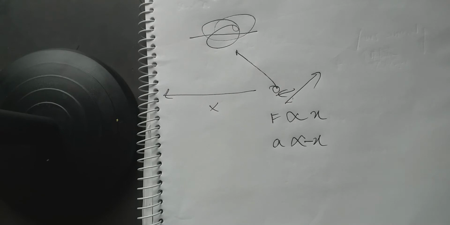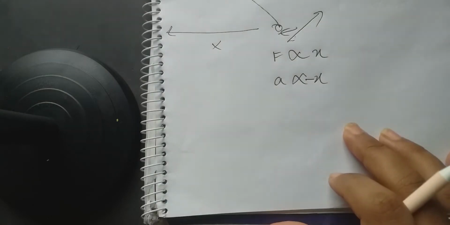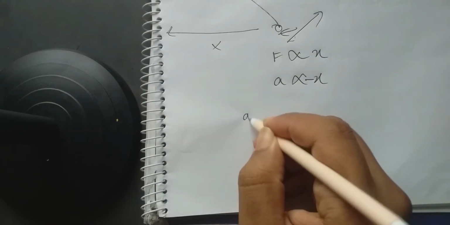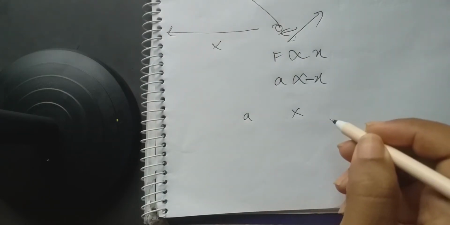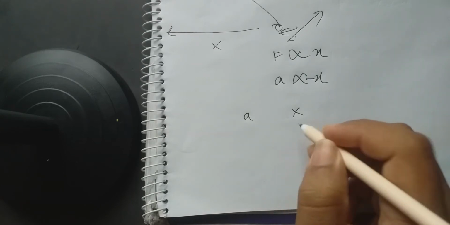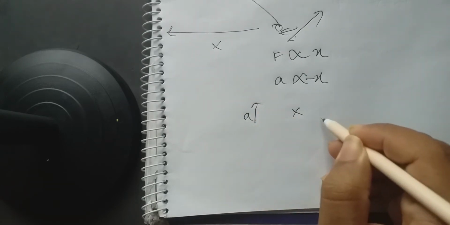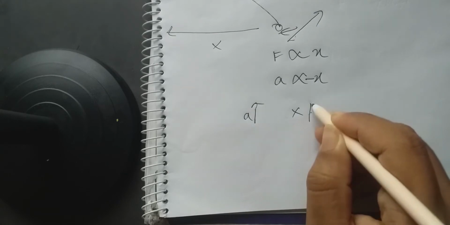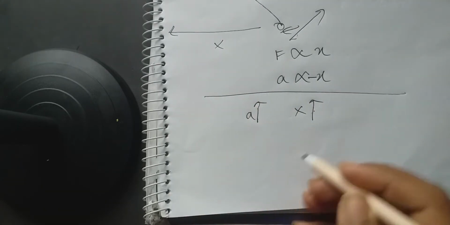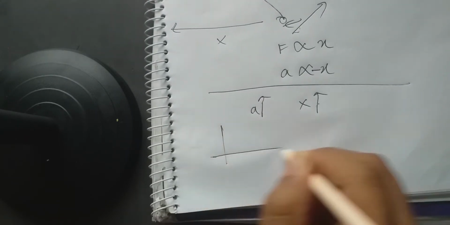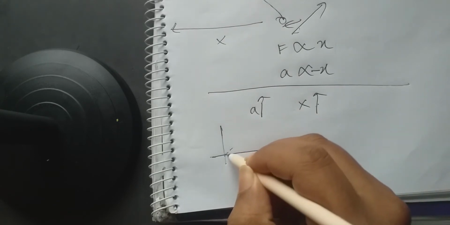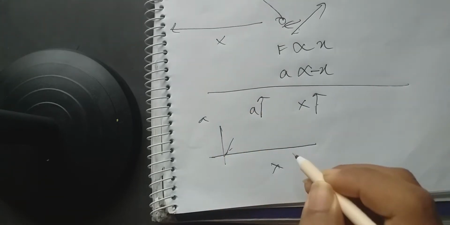how graphs can be derived from the oscillations of simple harmonic motion. So firstly, let's talk about the acceleration and displacement graph. So we see they are proportional. Like if acceleration increases, the displacement will increase. So the graph has to be something like this, if this is acceleration and this is displacement.